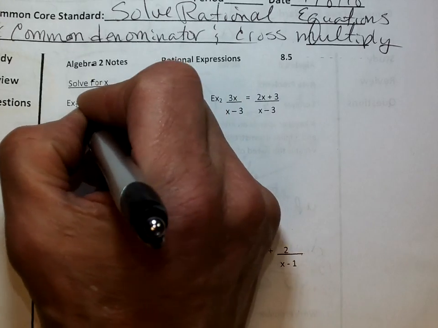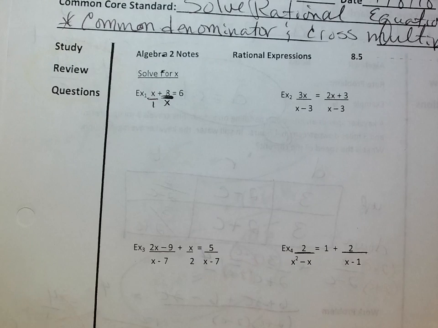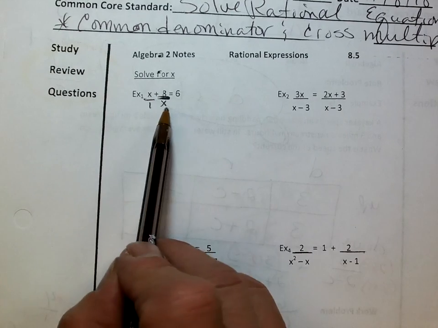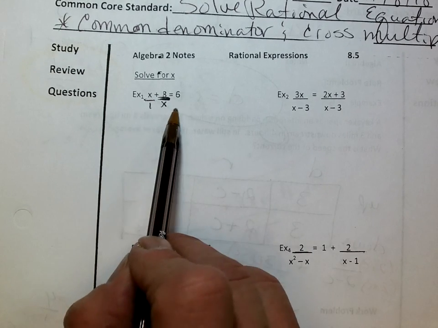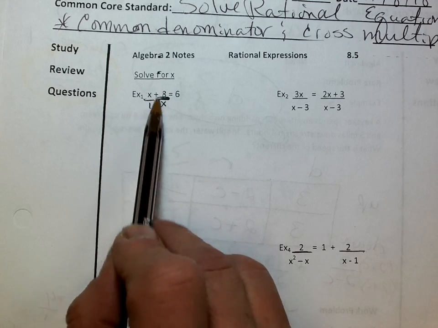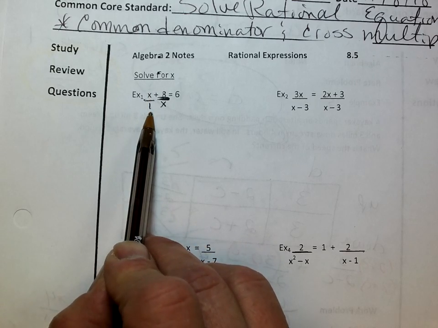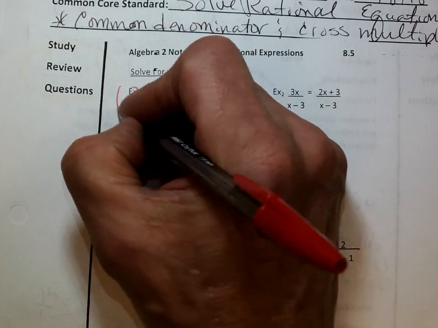So this is an x over 1. We need a common denominator of x, don't we? To make these the same, I've got to have a common denominator of x. So I need to give this first fraction an x on the bottom. To get a common denominator, I'm going to multiply this one by x over x.